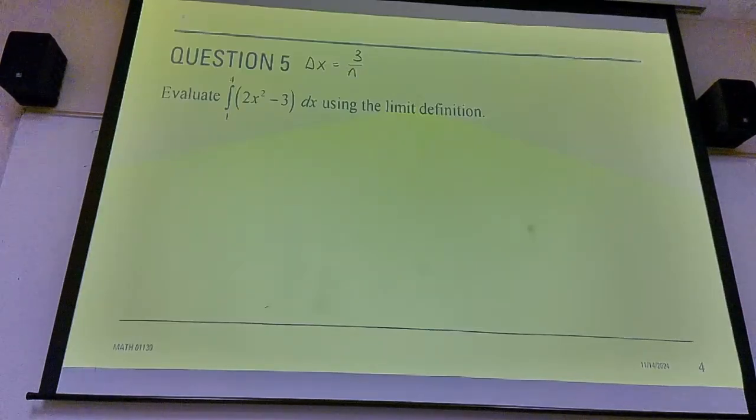Yeah. 3 over n. Function is 2x squared minus 3. So terminology, this piece here, the function that we're integrating, is called the integrand. So if you hear me refer to the integrand, that's what I'm referring to.